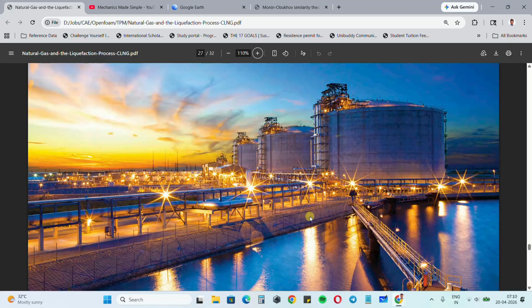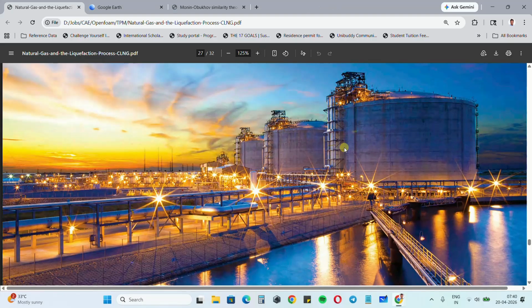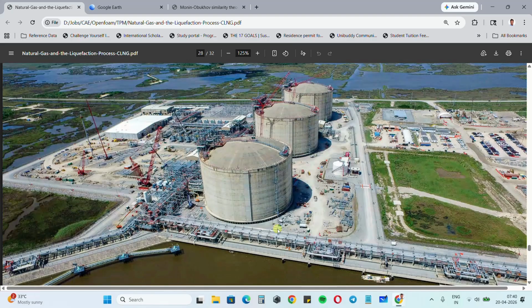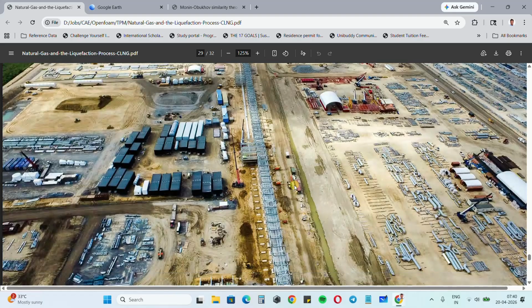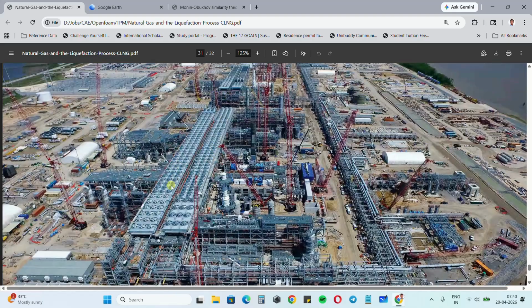Okay, so let's start by discussing the problem. We have a scenario where we are setting up a new LNG liquefaction plant, and we are at a stage where we want to optimize the plant layout in order to maximize the annual production rate. If you consider a general LNG facility, you have reservoirs, pipe racks for transporting the gas, and then you have heat exchanger stacks.